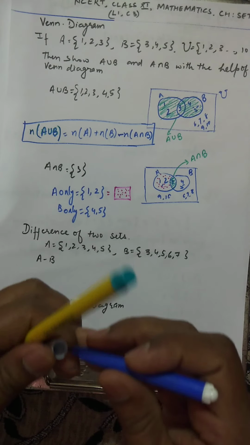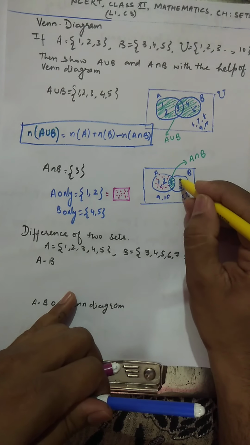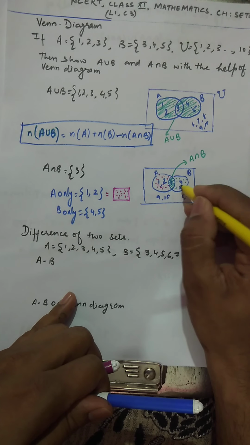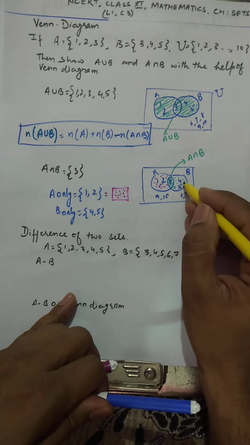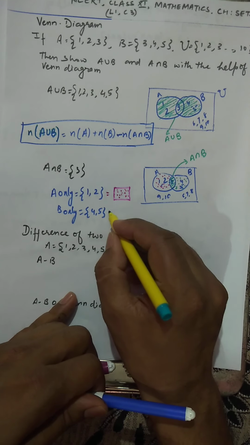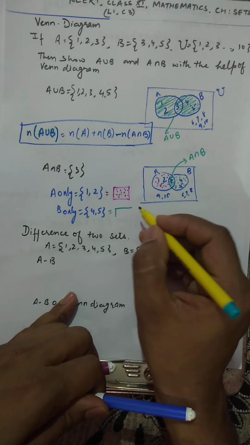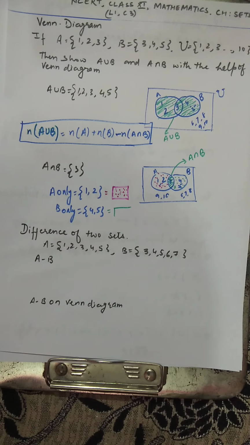So 4, 5, I am using this black color, so you can see this area in which 4 and 5 are written.